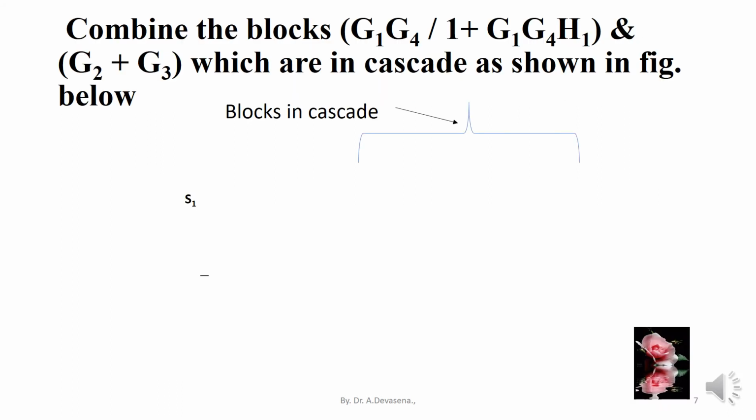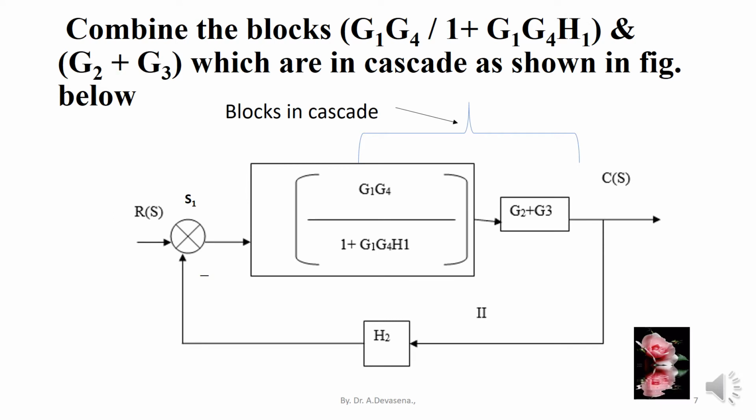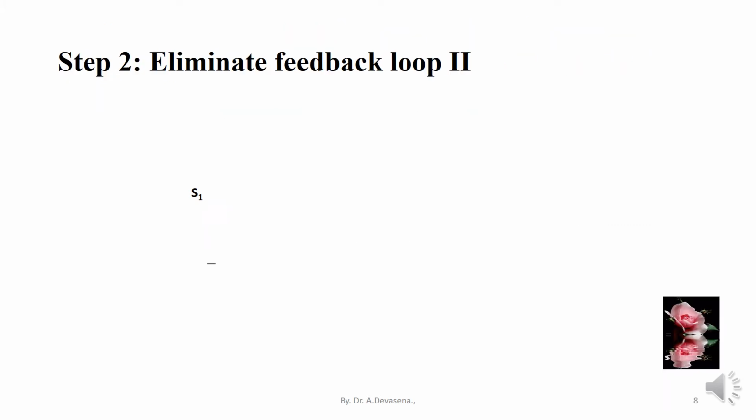Now combine the blocks G1 G4 divided by 1 plus G1 G4 H1 and G2 plus G3 which are in cascade as shown in the figure below. Eliminate feedback loop 2.